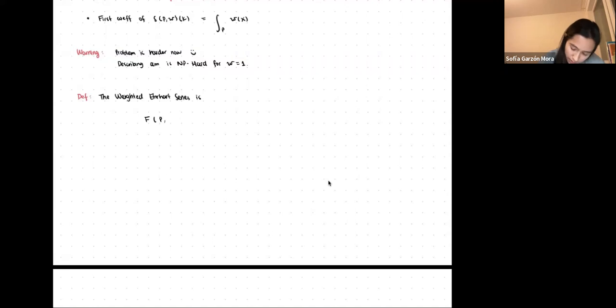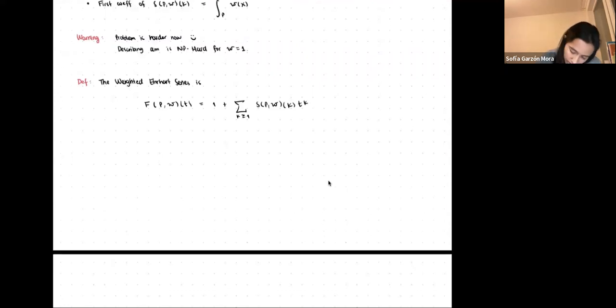I'm going to note that F_{P,W}(T), this series, which is basically the same as in the normal case, but instead we take the weighted Ehrhart counting function here. Okay. And so this is the weighted version of the Ehrhart series that we had before. And I think I wrote it this way.